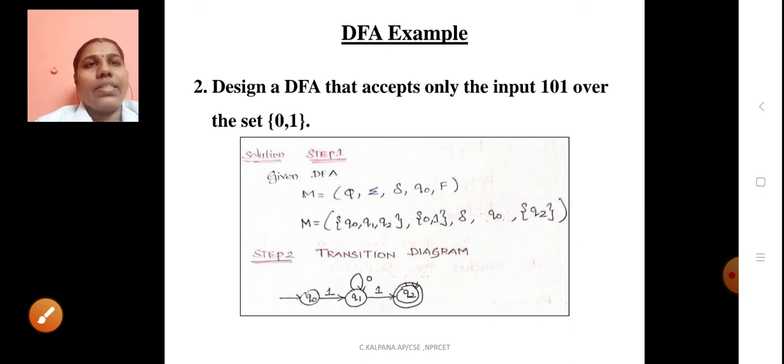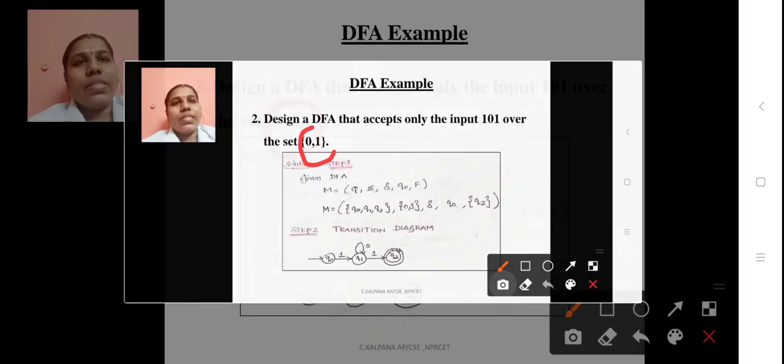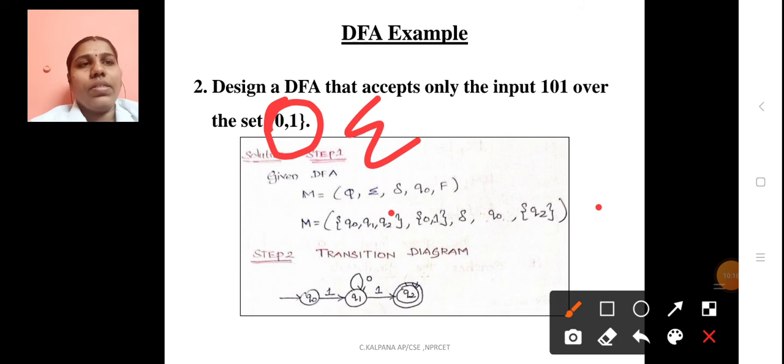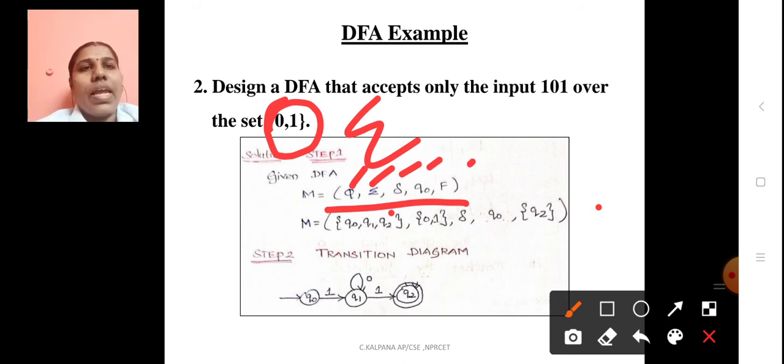Let me see another example. Here the input is 101 and the input symbol is 0 1. So this is called a summation, Σ. Here the number of tuples is Q, Σ, δ, q0, F. We can take n number of states.